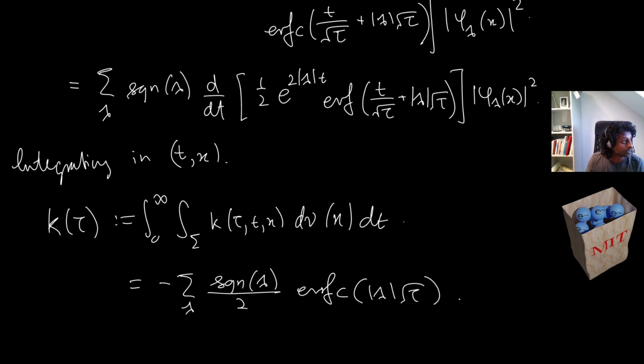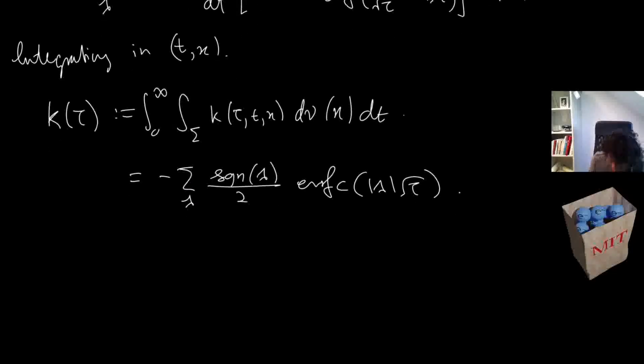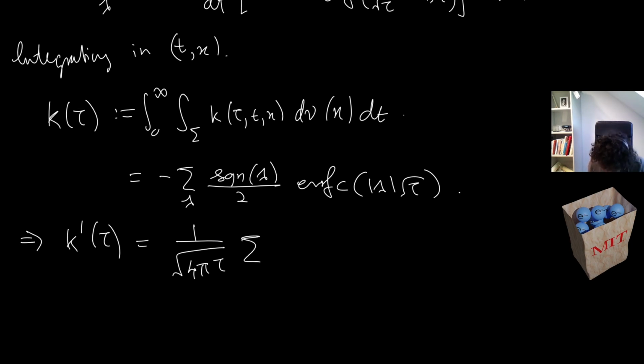And so we differentiate now in tau. So if we differentiate in tau, we get that this is 1 on square root 4 pi tau sum over lambda of lambda e to the minus lambda squared tau. Okay.